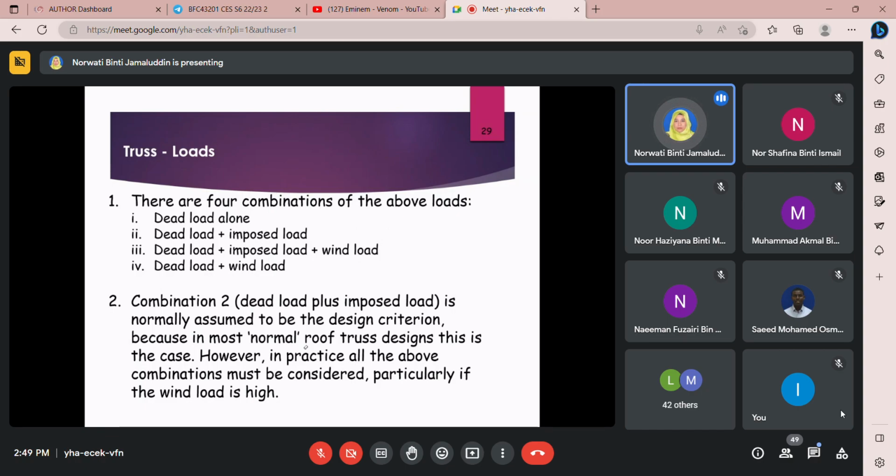Normally combination 2, dead load and imposed load, is assumed as the design criterion. However, in practice, these are all the combinations that you need to consider, especially where the wind load is high.